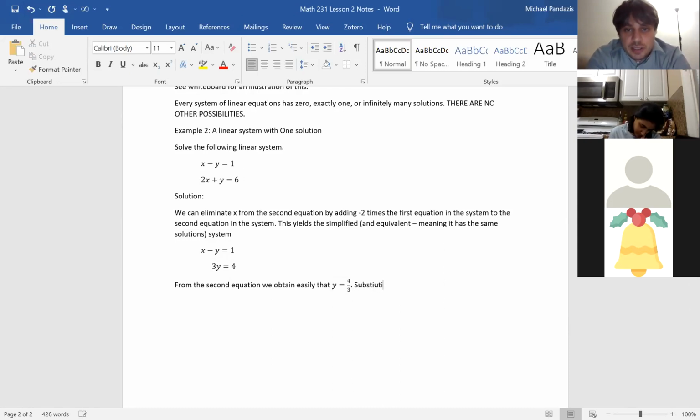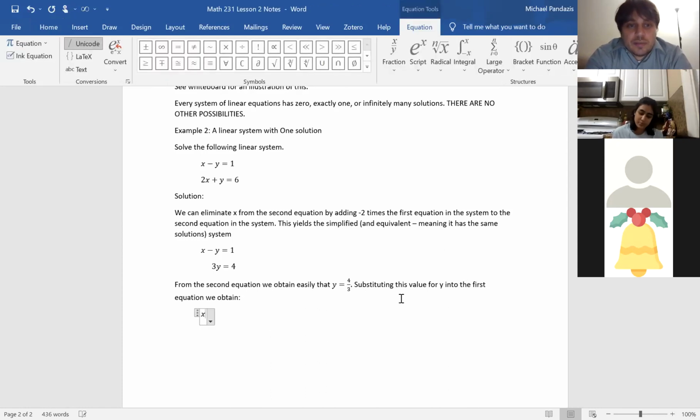Substituting this value for y into the first equation, we obtain x minus 4/3 is equal to 1.